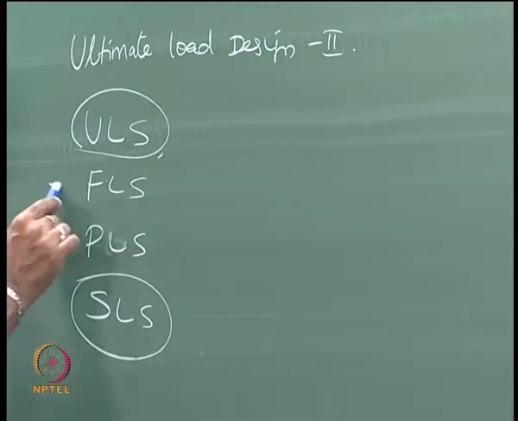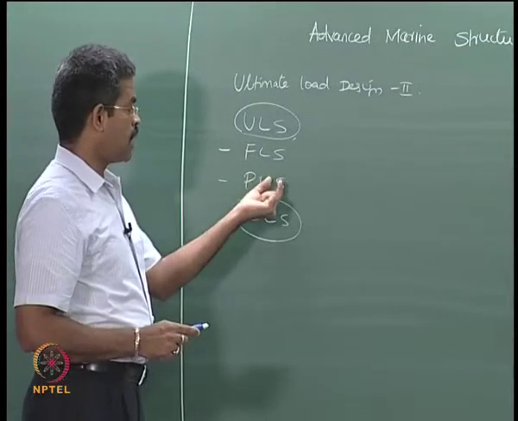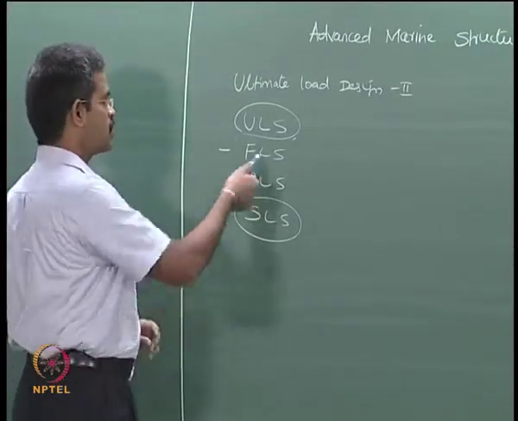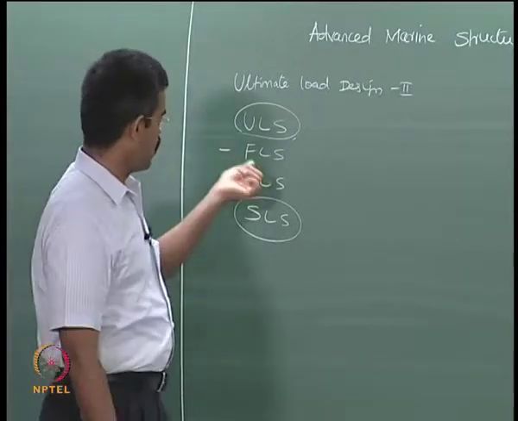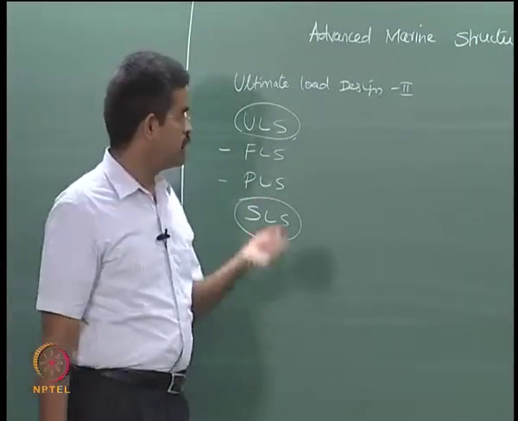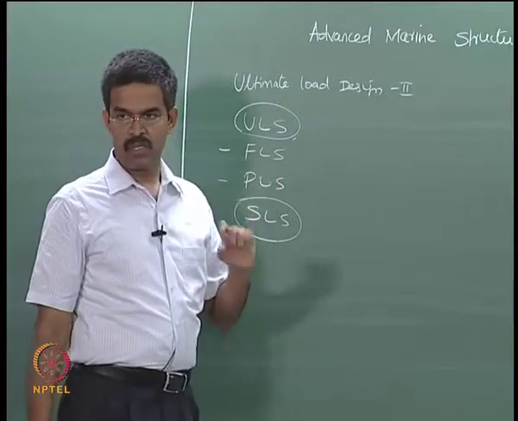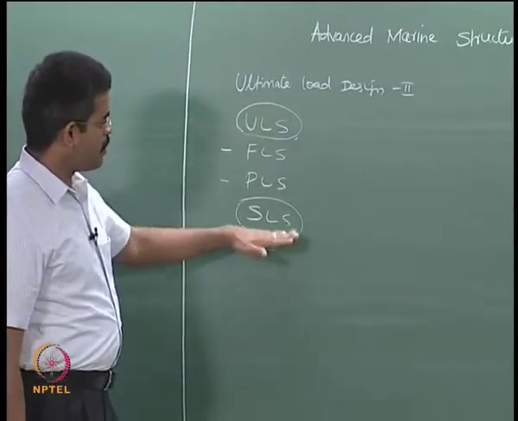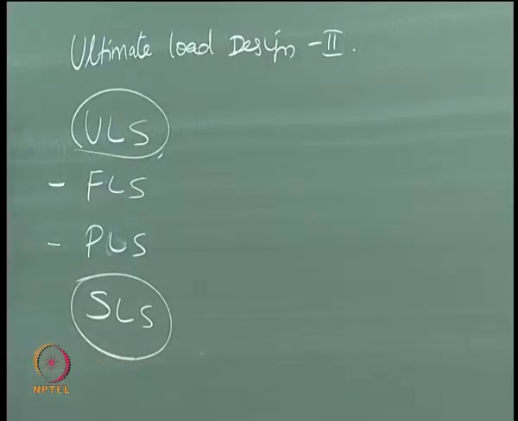Of course, these two are very special cases: one talks about progressive collapse because of damage already created in the system, and the other talks about damage caused or the stress level induced in a system because of cyclic or repetitive loading. These are all very commonly applied to marine structures, but in this course we will talk mainly about the ultimate load limit state or ultimate load design principles.